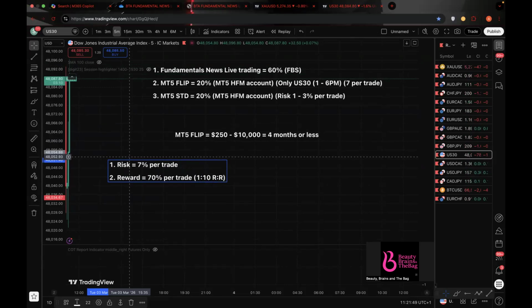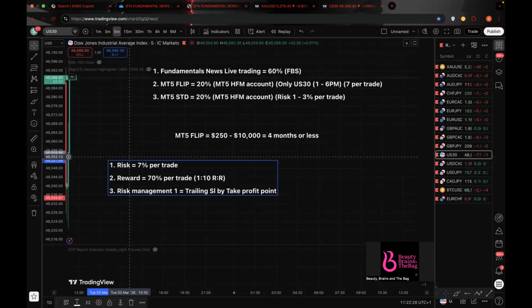Now we are going to be doing risk management. Management one is going to be equal to trailing SL by take profit points.